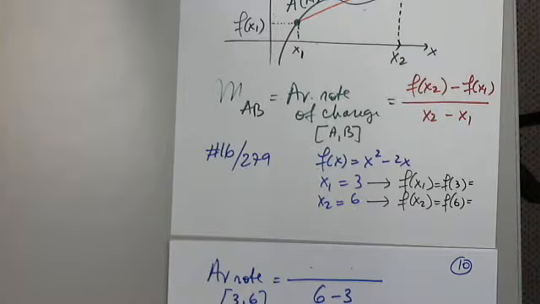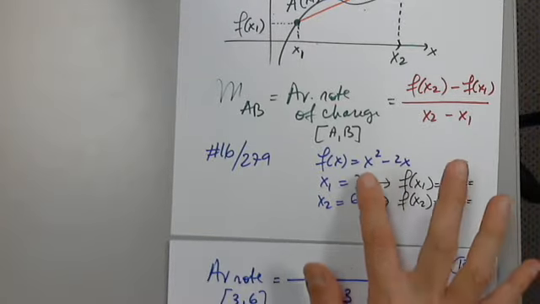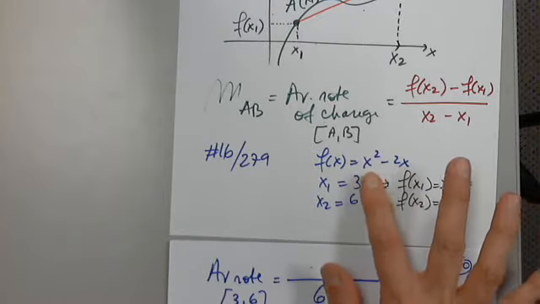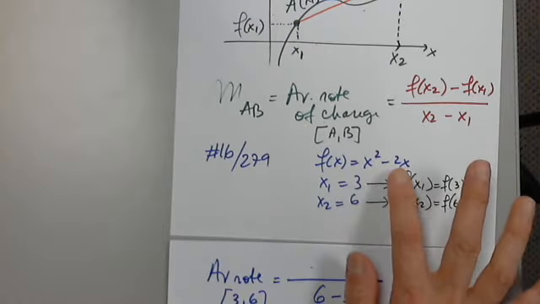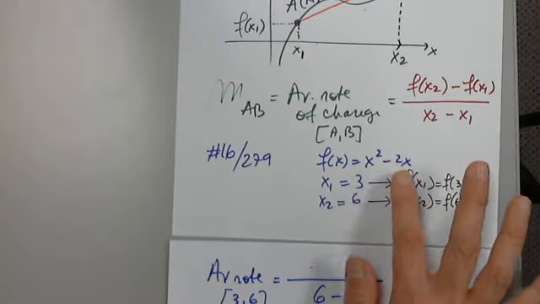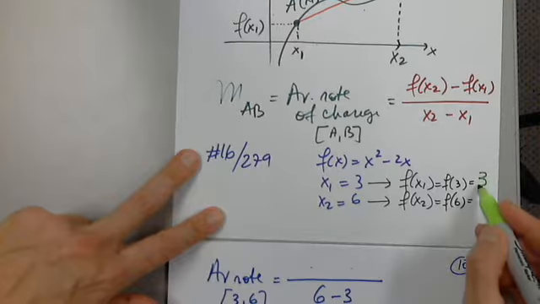So when I plug in 3, what do I get? Let's plug in 3 in the function and you give me the answer. When I plug in 3, I get 9 minus 6, that's correct. 3 squared is 9, minus 2 times 3 is 6. 9 minus 6 is indeed 3. Good.